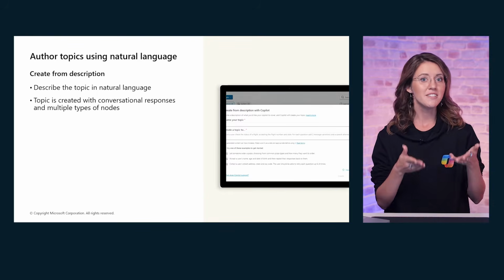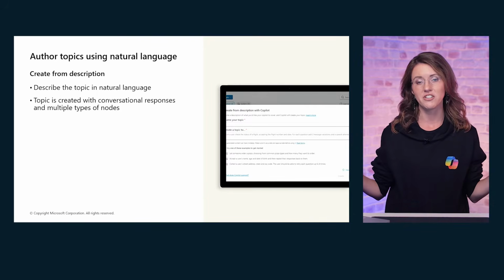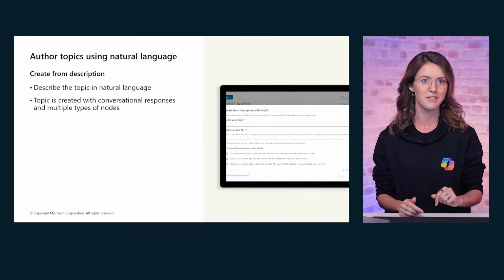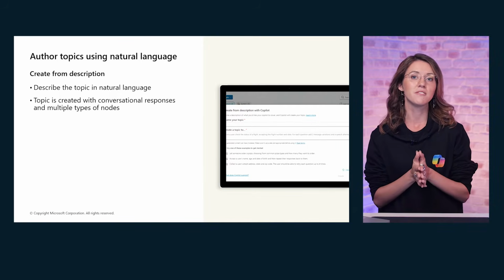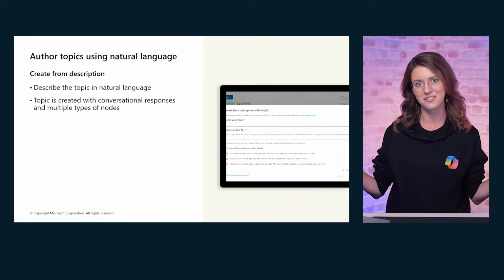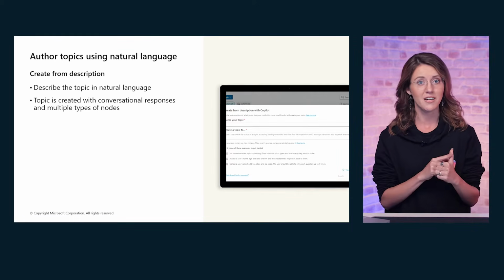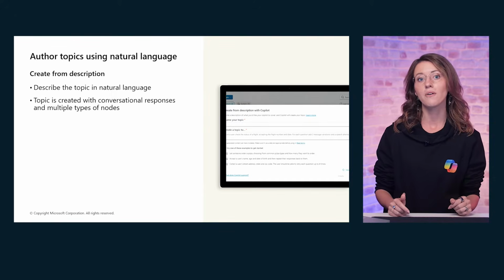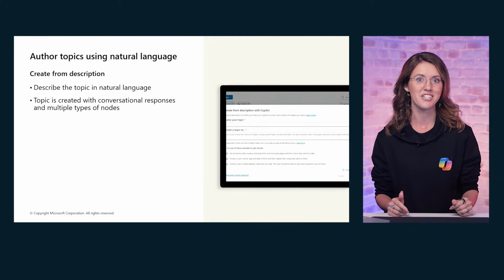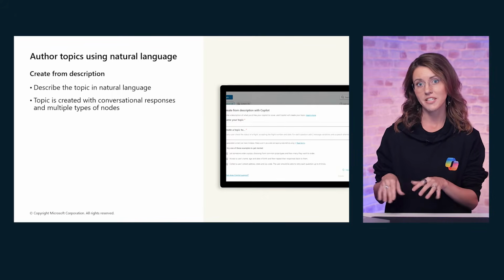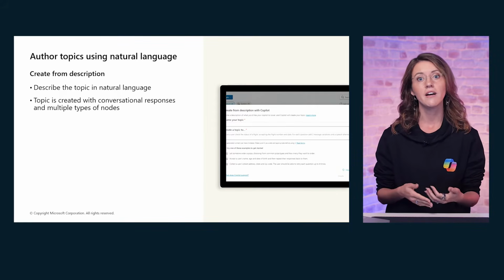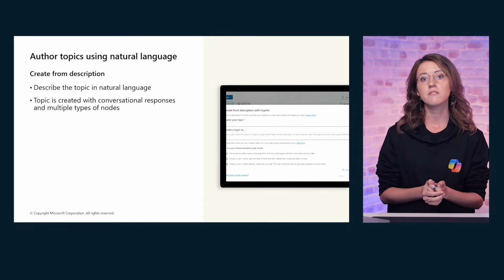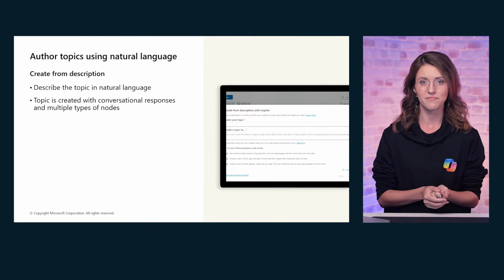In Copilot Studio, you can always manually create and edit topics, but there is a faster and smarter way. Instead of building everything from scratch, you can simply describe what you want your topic to do, and let Copilot Studio's AI take care of the rest. This saves you time and effort, especially when you're iterating or updating agent conversations. Just type a short description of the scenario like help a customer return a product, and Copilot Studio will generate a topic for you.